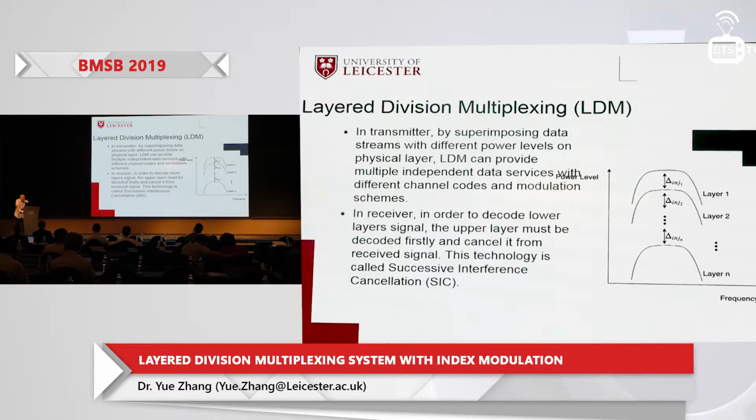So at the receiver, you need to decode the upper layer first. The lower layer is the interference for the upper layer. After the upper layer is decoded, you need to do the cancellation, to cancel the upper layer and decode the layer down, from the top until the bottom. So when you design the power level of each individual layer, you need to carefully design the SNR you need to handle between the different layers.